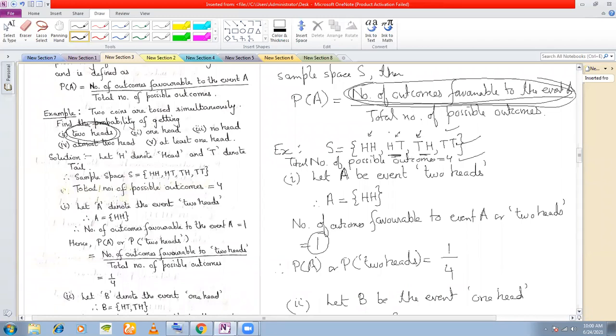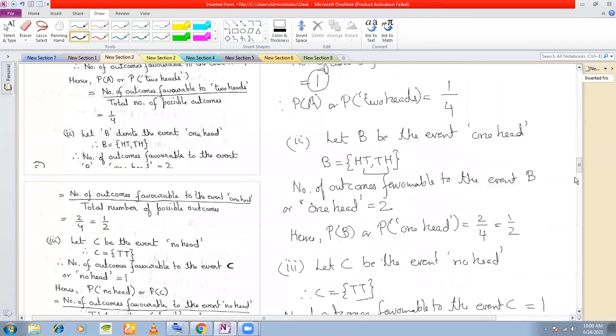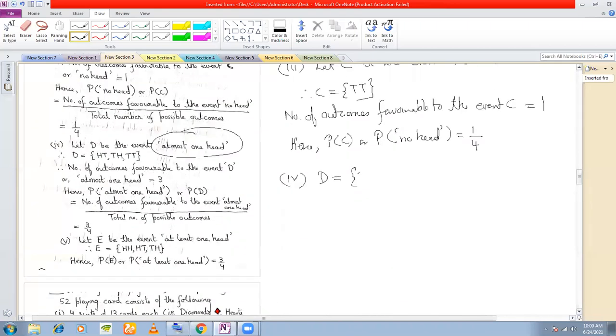At most one head means these two are also the events: HT, TH and TT. So what should be P(D), or P(at most one head)? It is equal to 3 divided by the total number of possible outcomes, which is 4.